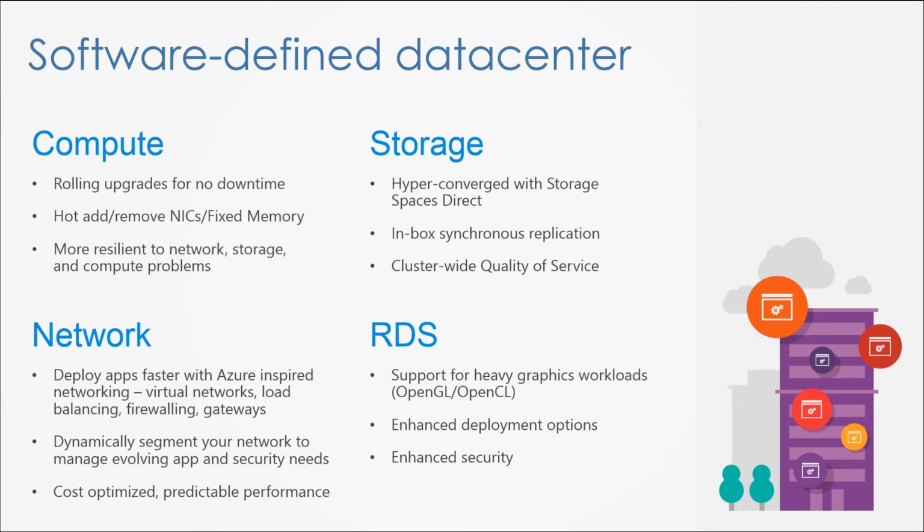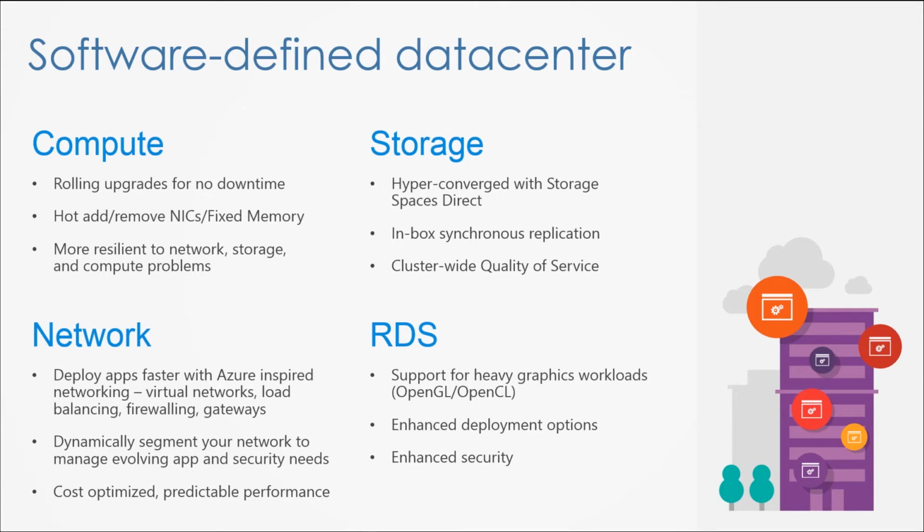And Microsoft wanted to make sure that Windows Server remained competitive in that domain and could become the building blocks to that software-defined reality. So for compute, a few examples of what has been added: rolling upgrades for no downtime. That's one thing we'll use.